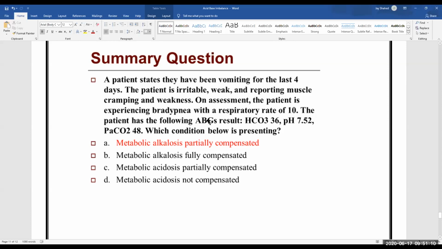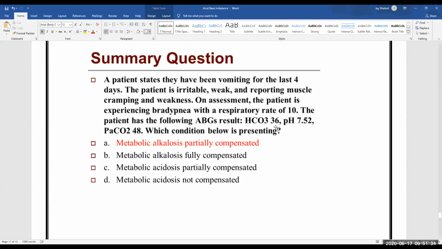Now we want to say, is it metabolic acidosis or alkalosis? So what's the simplest way to look at it? The pH, right? So what's the pH here? 7.52. Is that acidic or basic? That's basic. All right. So it's metabolic alkalosis, correct?